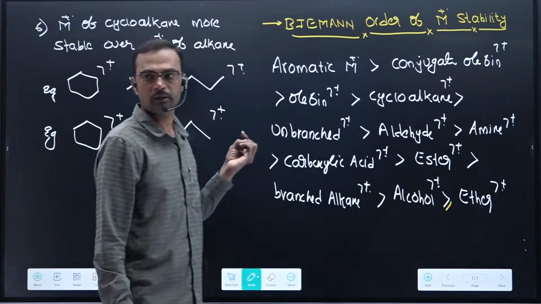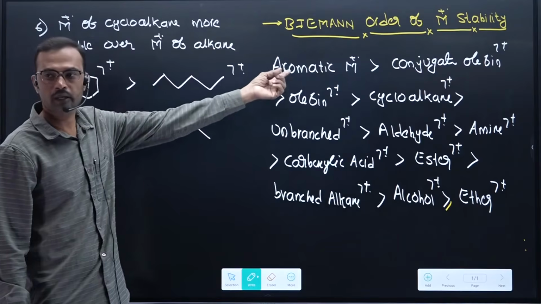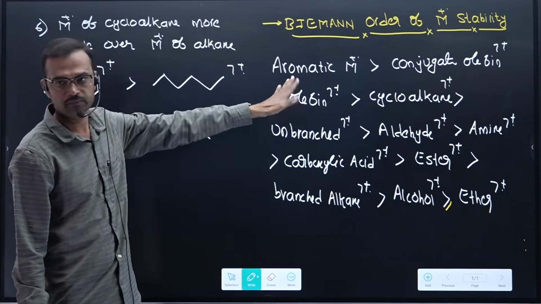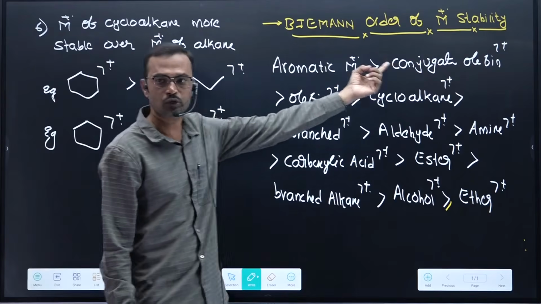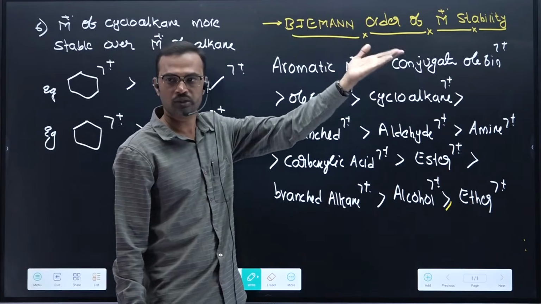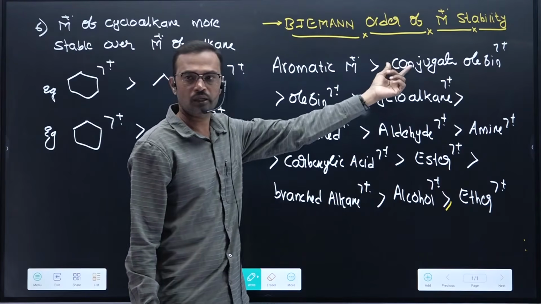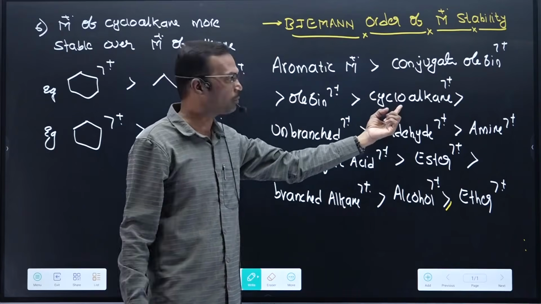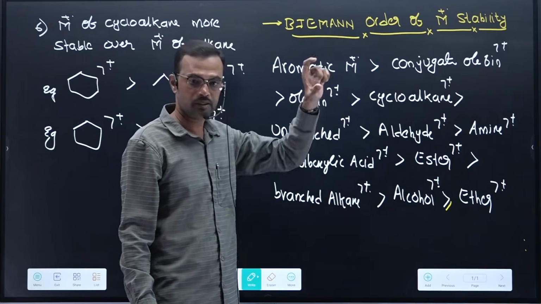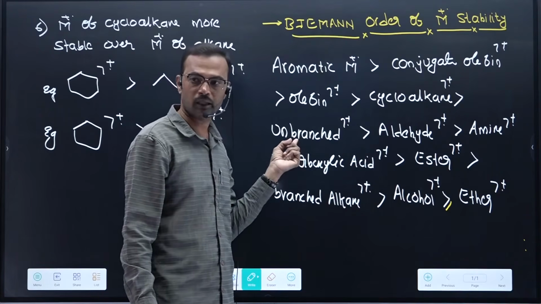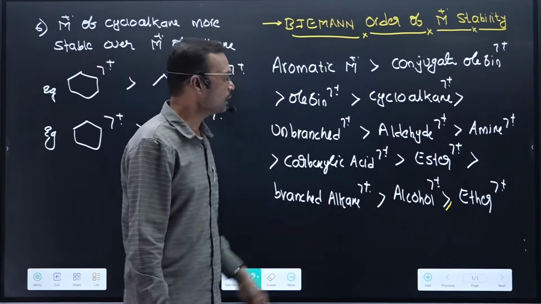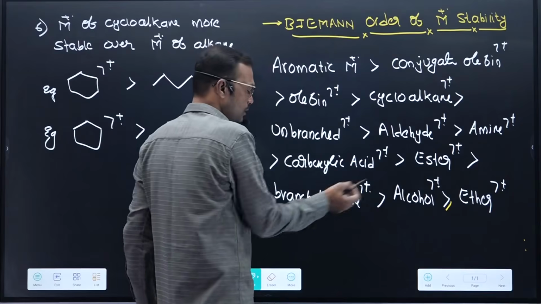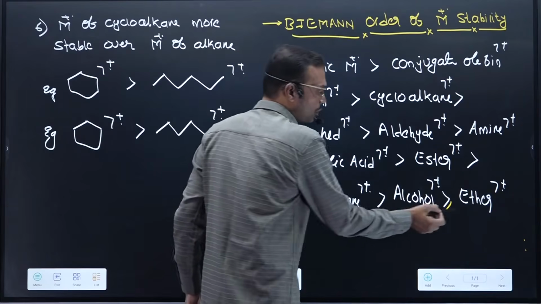This is proposed by Sir Beynon. That's why it is called Beynon molecular ion stability. Roughly it is given because there is no proper functional group here. Many aromatic molecules are there, many conjugated olefins are there, with 1 conjugation, 2 conjugation, 3 like that, so we can't compare, but in general conjugated ones are more stable than simple olefins with only one double bond. Then followed by cycloalkane rings, then open chain, unbranched, nothing but straight chain, then followed by aldehyde, amine, acid, ester, then branched alkane, alcohol and ether.